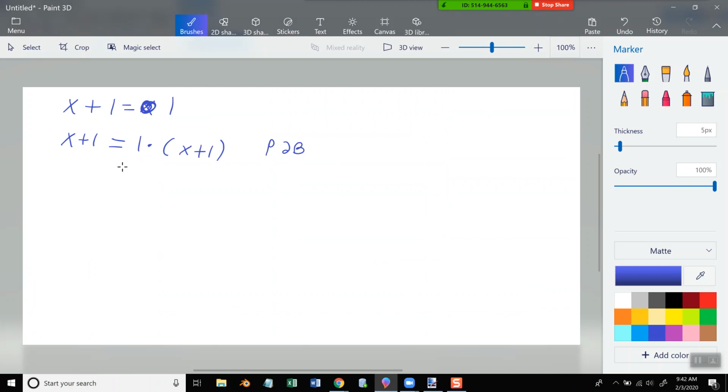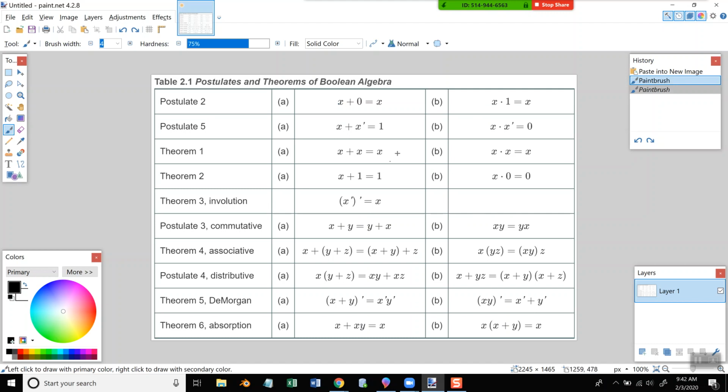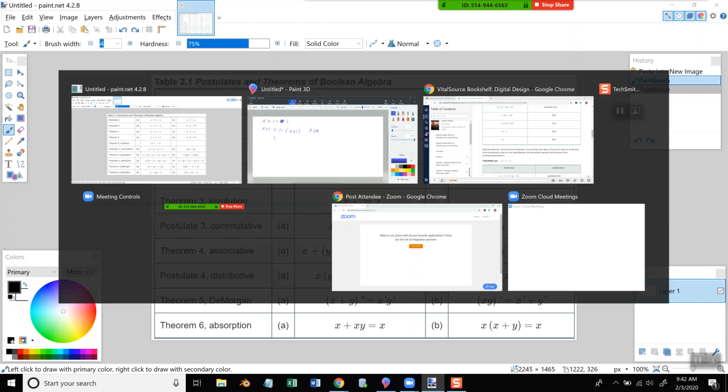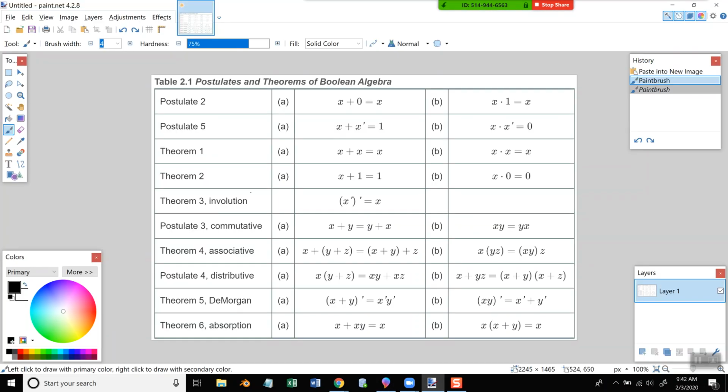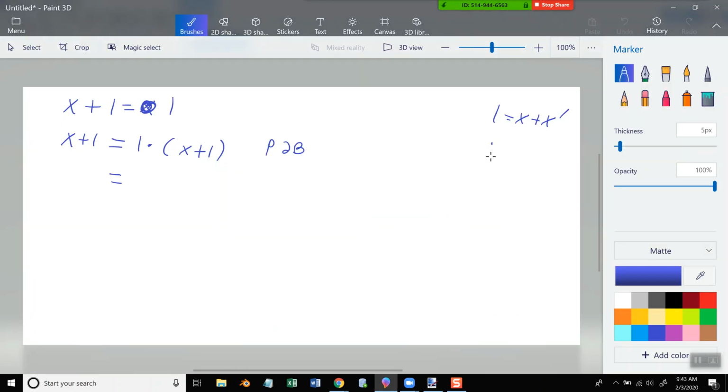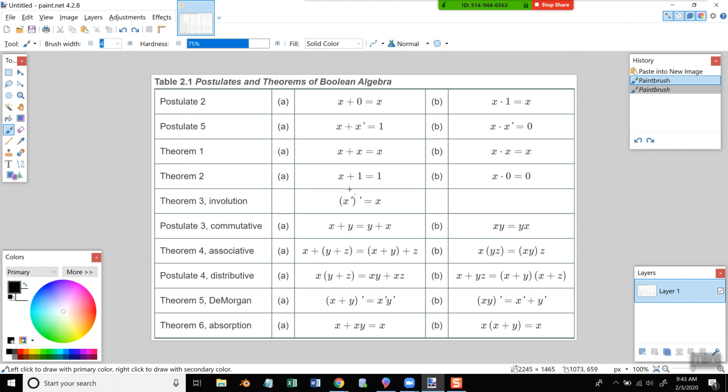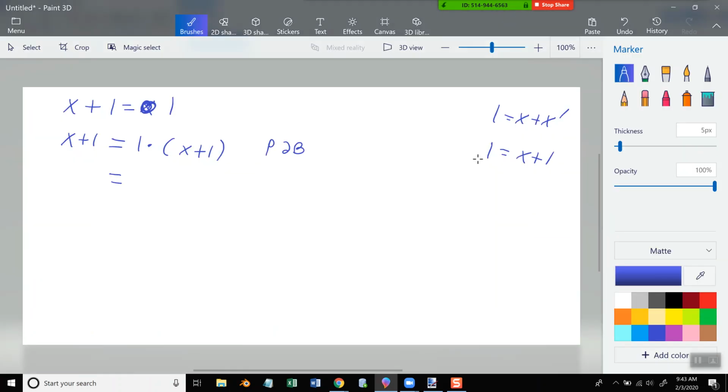If I had to guess, we're probably going to rewrite the 1. Geez. And 1 was equal to that, or 1 is equal to that. And that's a theorem, so that's one we're trying to prove.